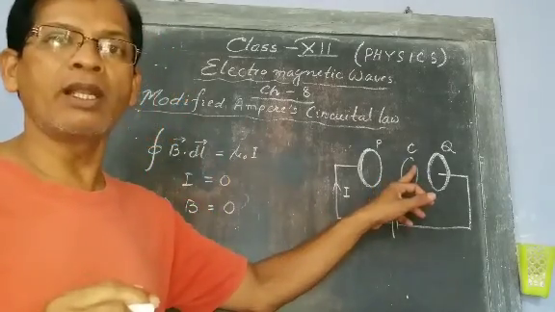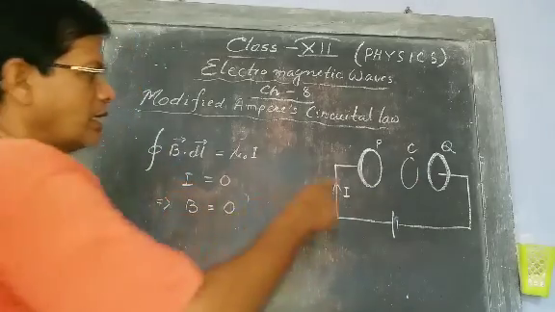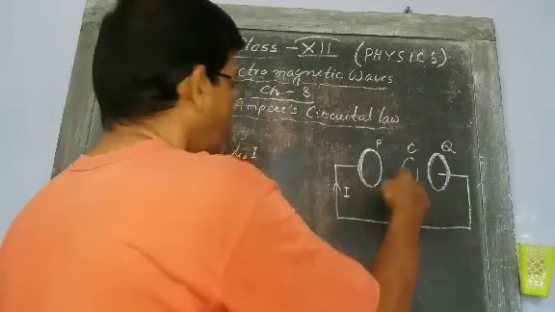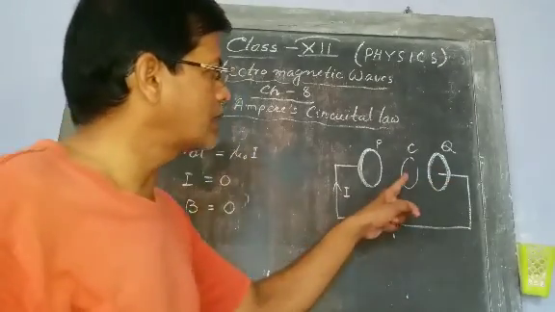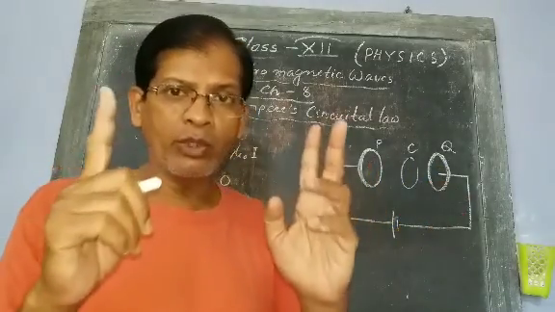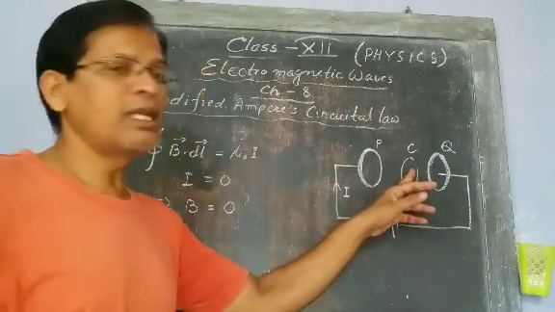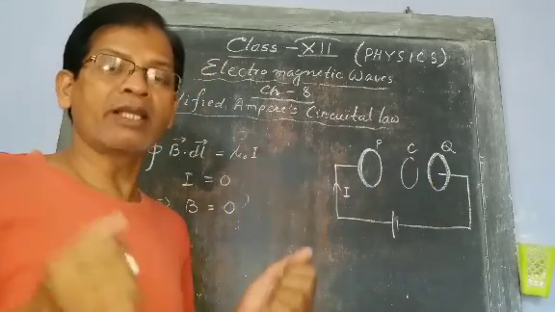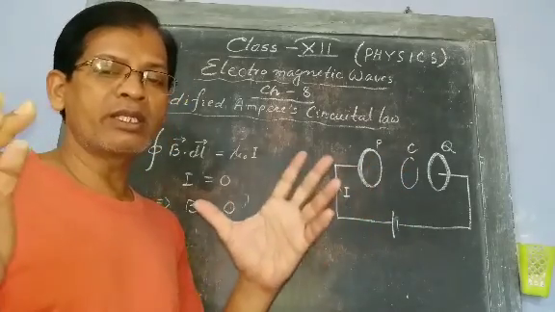There is magnetic field. So theoretically we are getting that in between the two plates of the capacitor there is no magnetic field. But practically, if we place a magnetic needle in between the two plates, the needle gives deflection.